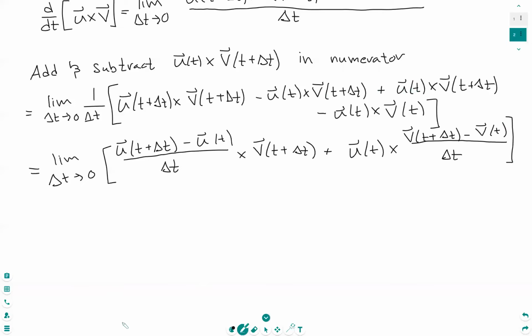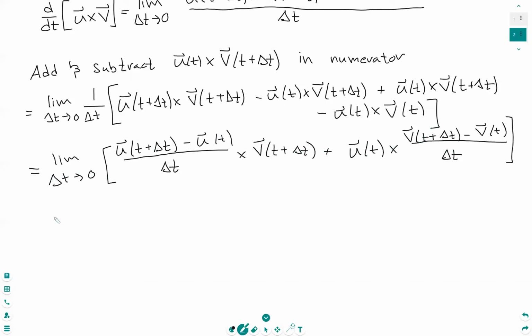Okay. So if we're talking about applying this limit here, this term looks a lot like u prime, right? And as delta t goes to 0, this thing just becomes v of t. This delta t will go away. Over here, we'll just have u of t, but this right term looks like v prime.